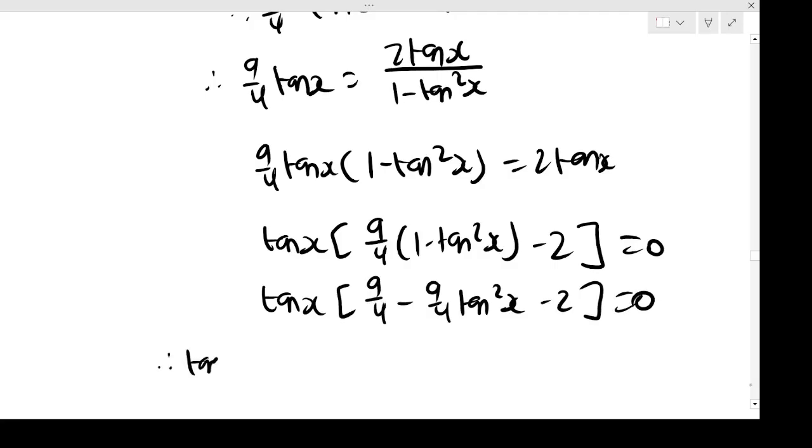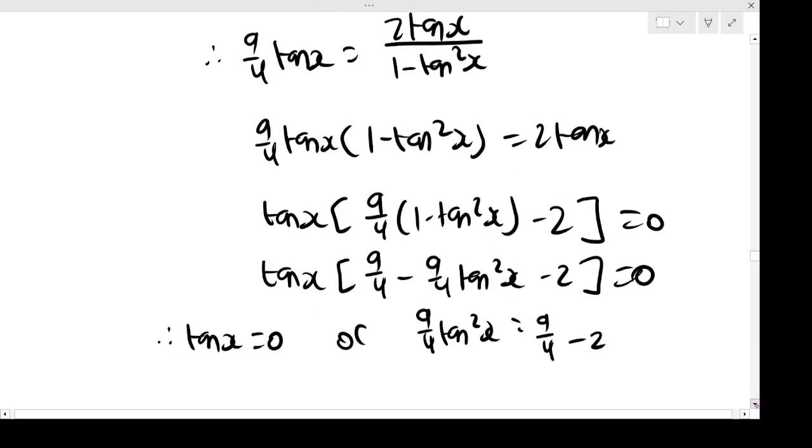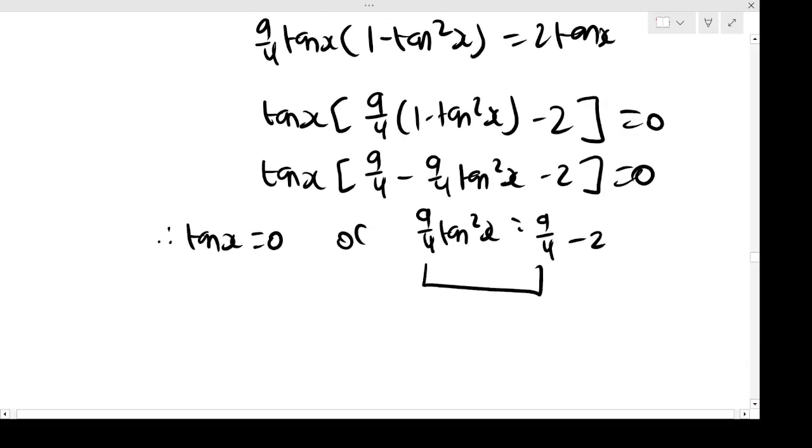Then I can say that tan x is equal to 0, or 9/4 tan squared x. If I set this whole bracket equal to 0, you can see that 9/4 tan squared x is going to be 9/4 take away 2. And so at that point, if I now simplify this equation here, I'm going to get 9/4 tan squared x is going to be 9/4 take away 2, which is 1/4.